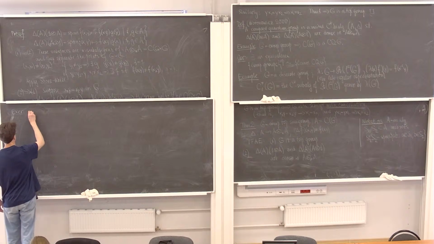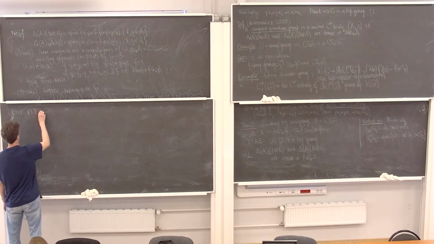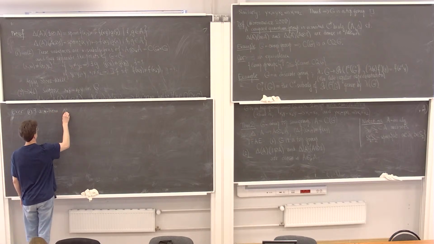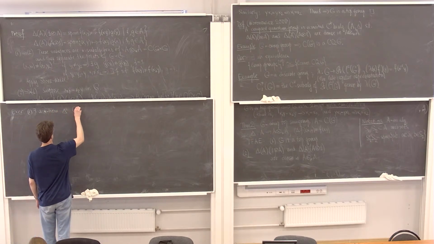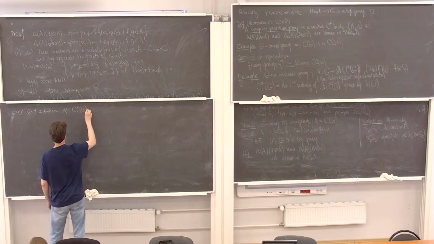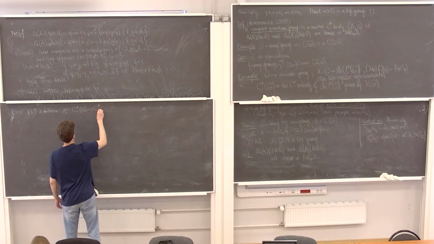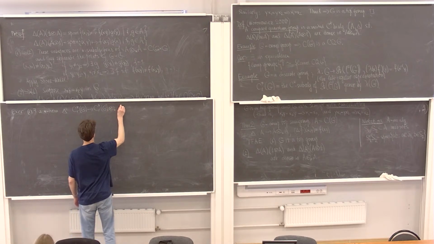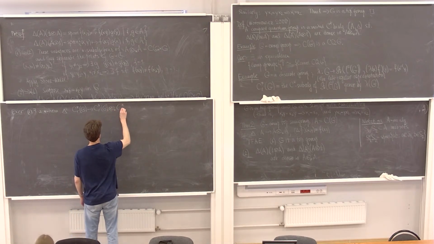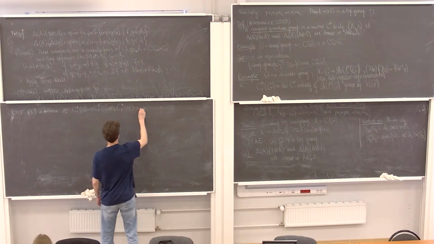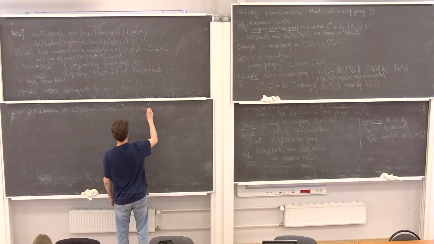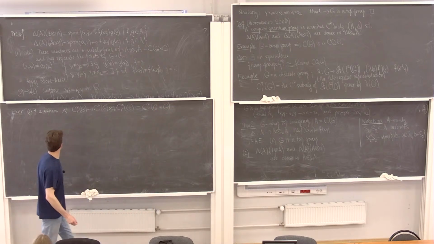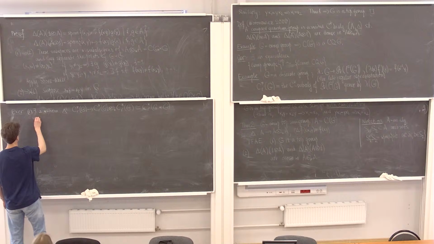I claim that there is a star homomorphism delta from the reduced group C-star algebra to the minimal C-star tensor product of this algebra by itself, which is, by the way, isomorphic to the reduced group C-star algebra of G cross G, uniquely determined by the following formula.